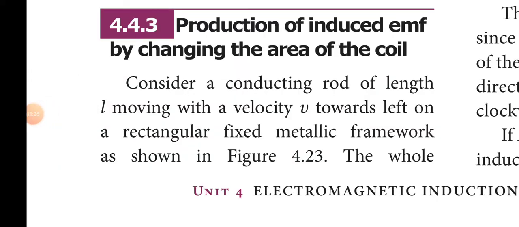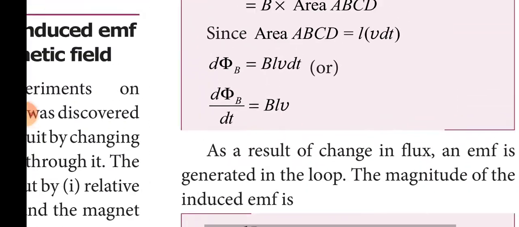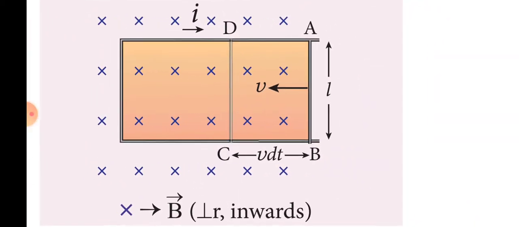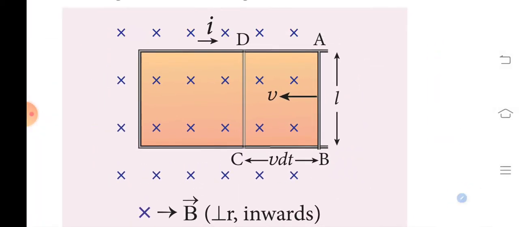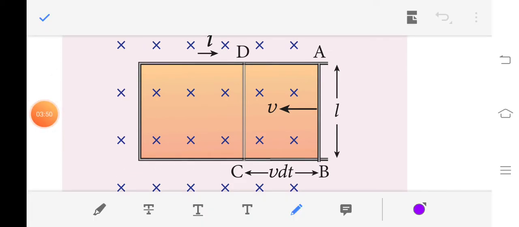The first method is production of induced EMF by changing the area of the coil. First of all, consider the length of the rod represented as L. Let us look at the diagram. Let us consider the conducting rod of length L, and the rod AB moving towards the left on a rectangular frame.